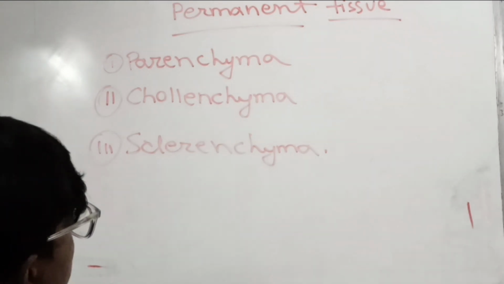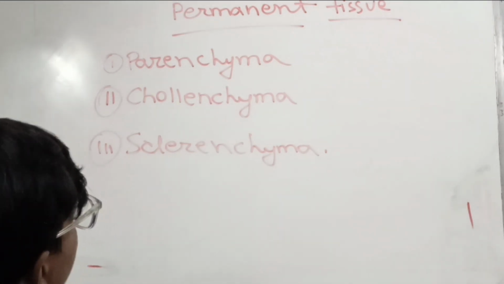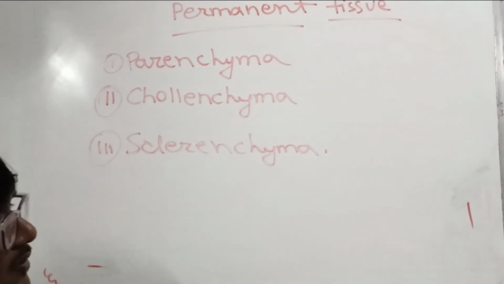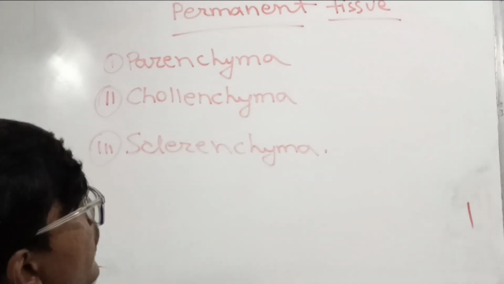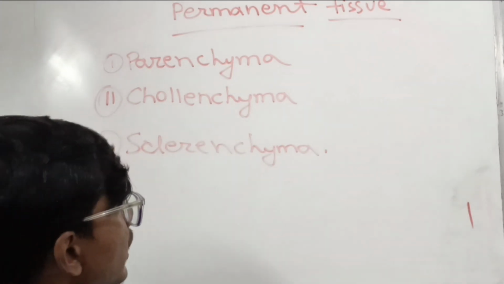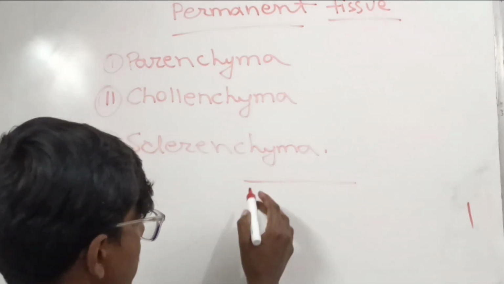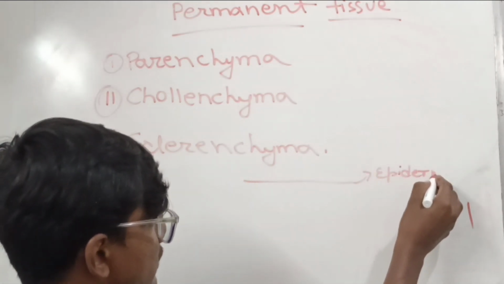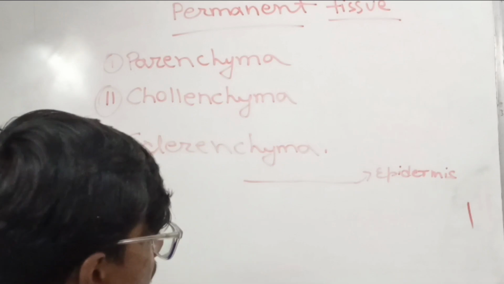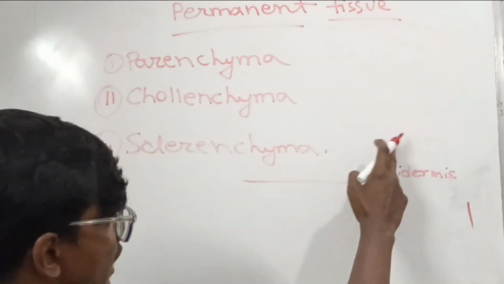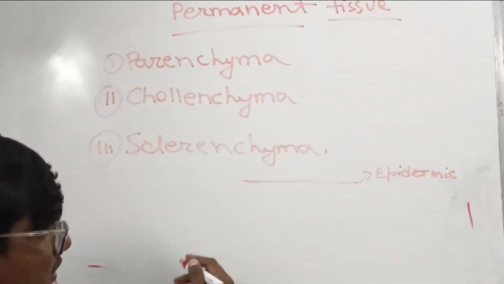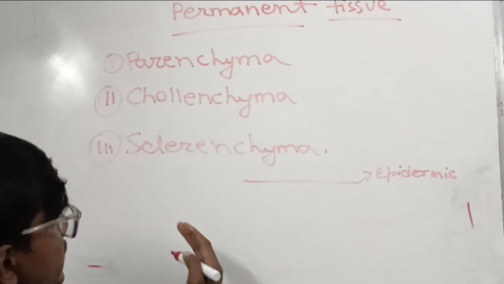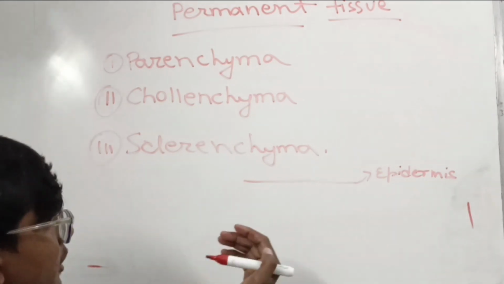So, where are these three types of permanent tissue present? Wherever the permanent tissues are there, suppose this is the layer. This is the epidermal layer, epidermis. After some time I will say about this epidermis. Just an example I am giving you to show these three types, where they are present.